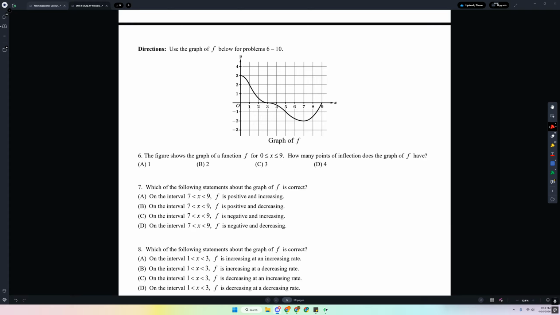By the way, we're doing 6, 7, and 8. Can't see the rest.